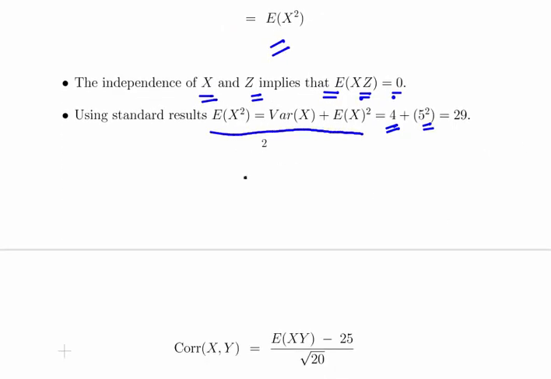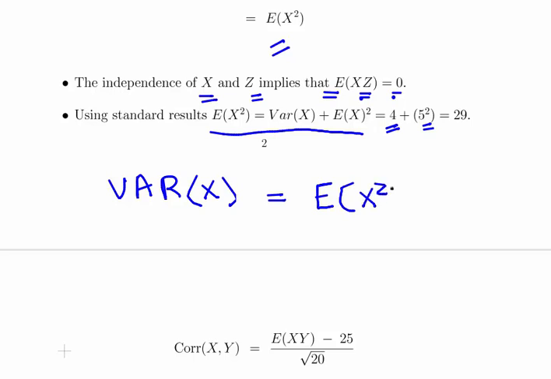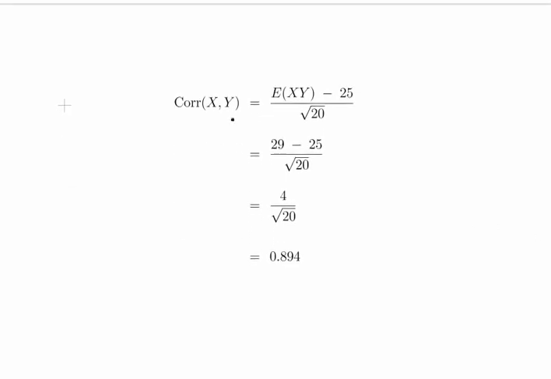If you're wondering where this comes from, it's simply a rearrangement of this standard formula, which you should be familiar with at this stage, for random variables. That's all it is. And what we're asked to do is find out what this is. So essentially we have all our values.